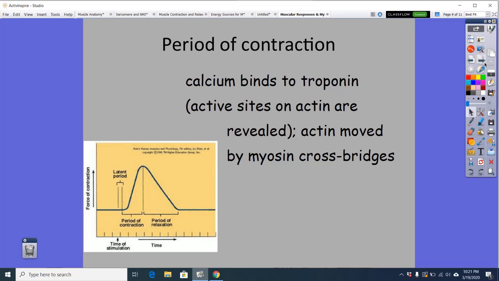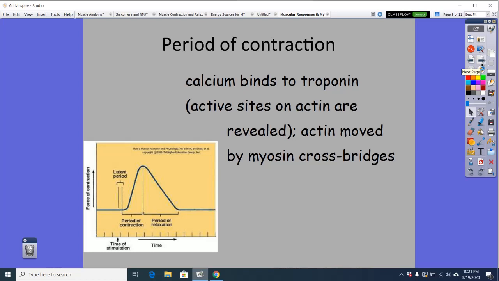The sites on actin are exposed so that actin and myosin can click together. They can hook together. The head of myosin is going to link up to the little bitty bead on actin so that you can have the power stroke, the myosin head can flex, and that sarcomere can shorten.